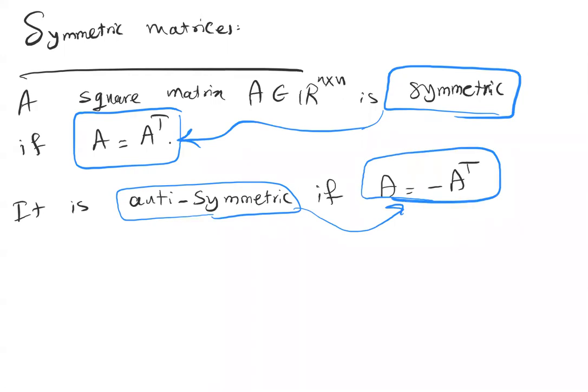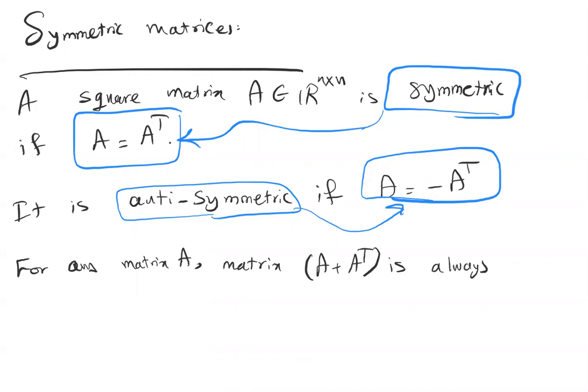All right, so for any given matrix A, A plus A transpose is always symmetric. So let's try to prove this. Proof.